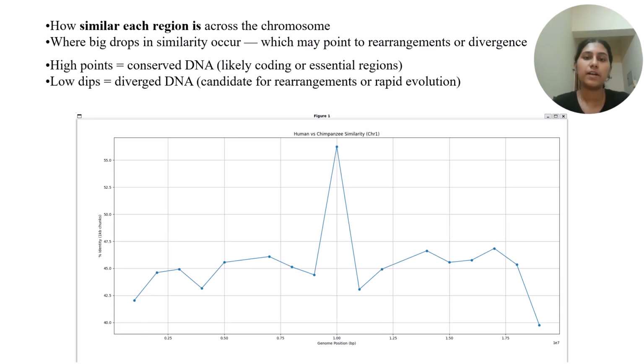So this graph shows the percentage of genetic identity between humans and chimpanzees when we select chromosome 1. So the peak areas are the regions of high similarity, and the deep, shallow areas are the regions of low similarity.